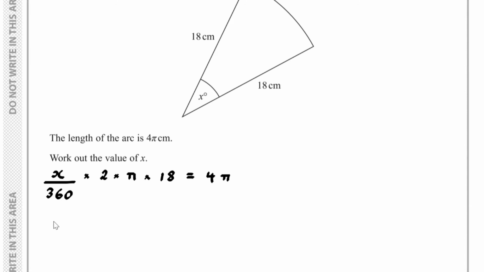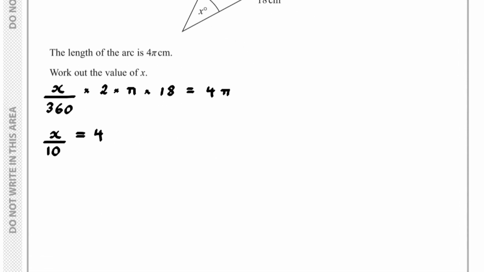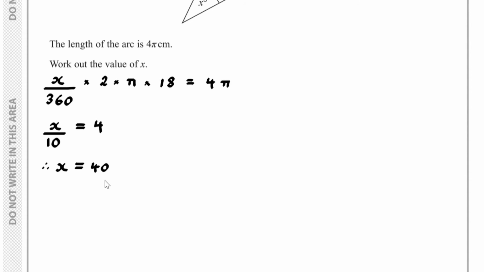So we have x divided by 10, and the pi's cancel on both sides, leaving us with, on the right hand side, 4. x over 10 is 4, which means x is equal to 40.